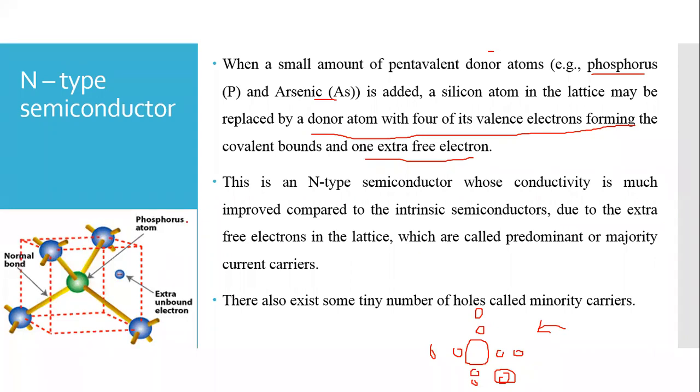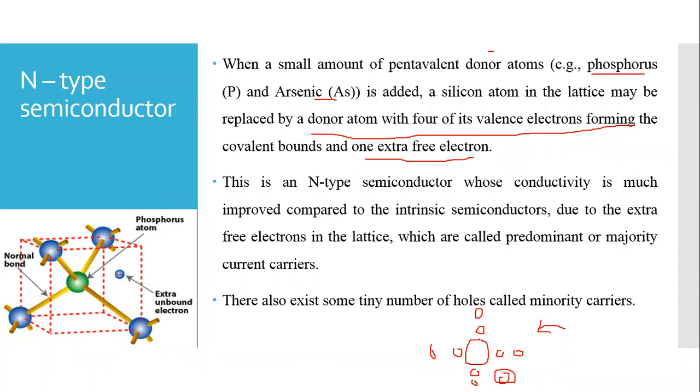If we look at the p-type semiconductor, then when a small amount of trivalent atom like boron or aluminum is added, a silicon atom in the lattice may be replaced by an acceptor atom with only 3 valence electrons. So these 3 electrons form 3 covalent bonds.